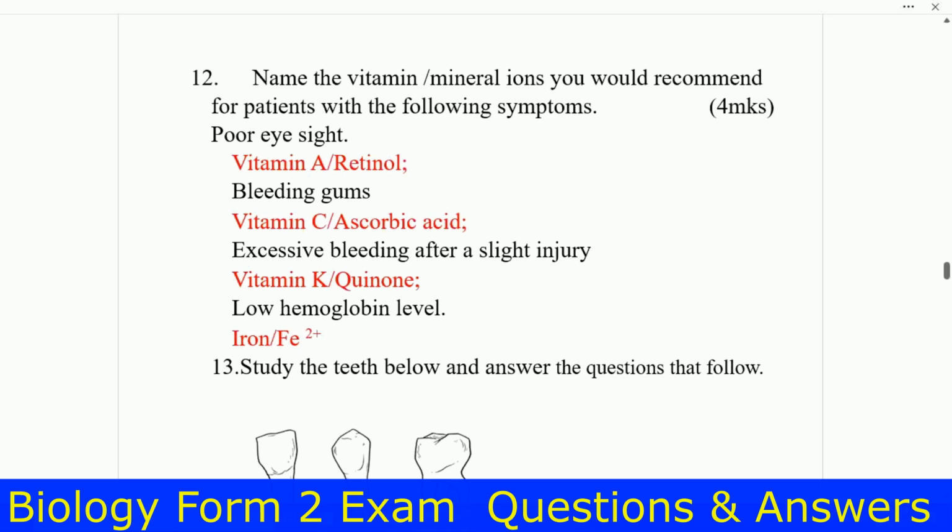They take vitamin A. Bleeding gums, you tell them to take vitamin C or ascorbic acid. If somebody is having excessive bleeding after slight injury, you tell them to take what? Vitamin K. If they have low hemoglobin level, you tell them to take what? Iron.